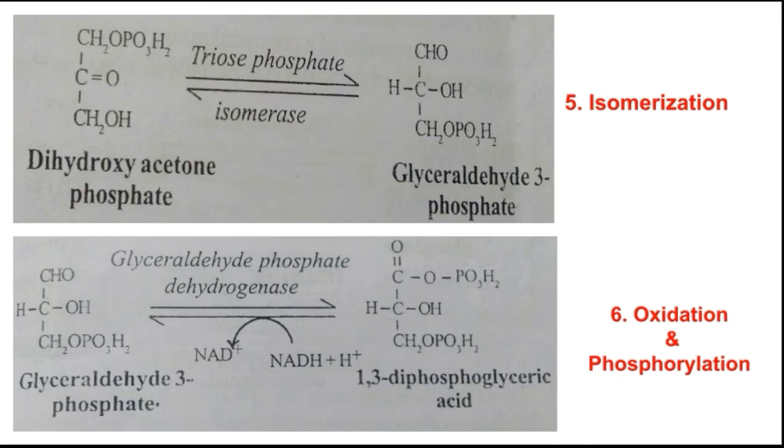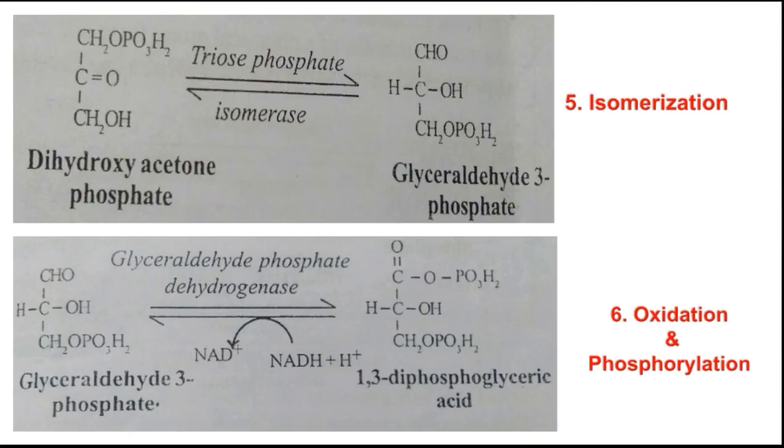written as NAD plus. Here you have seen the NAD plus. This reaction is significant with respect to energy transfer, as the reoxidation of NADH to NAD by the electron transfer system leads to the synthesis of ATP molecules.